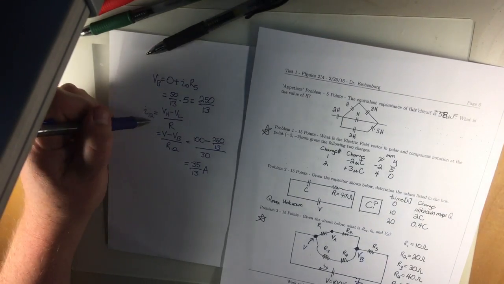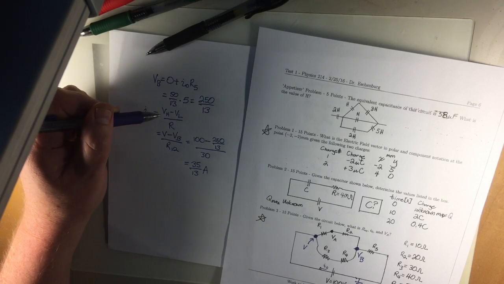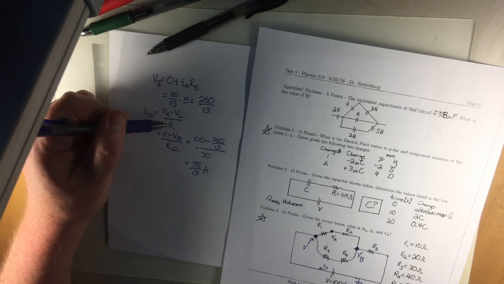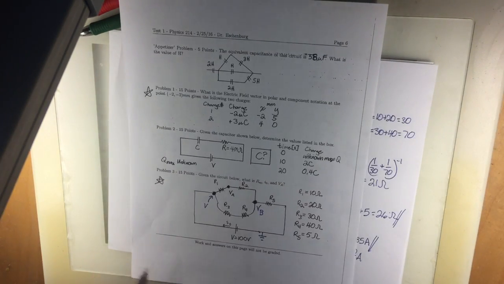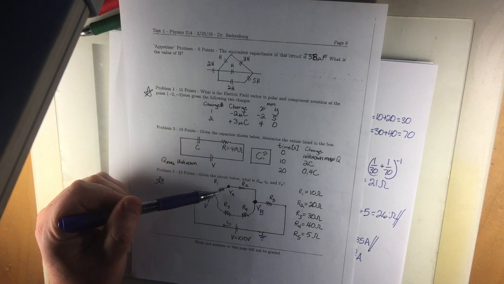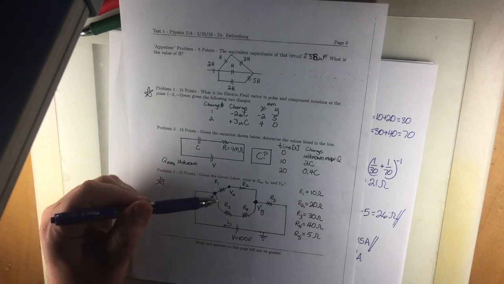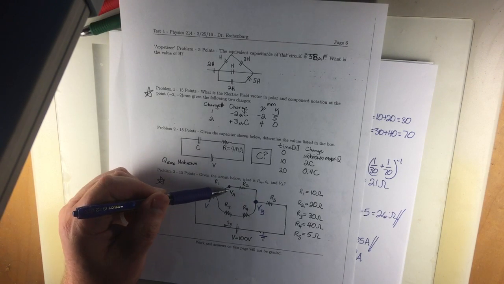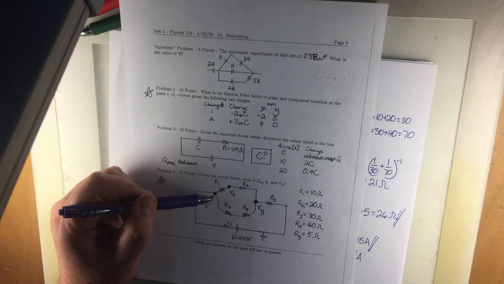In this equation, the current is the difference between the potentials divided by the resistance. Here, let's look at R1 and R2. Do I know the resistances? Yes. Well, if I wanted to know the potential there, I could, if I knew what V was.